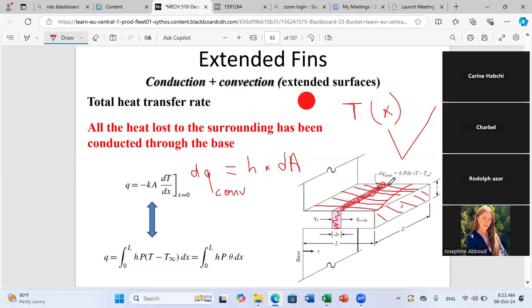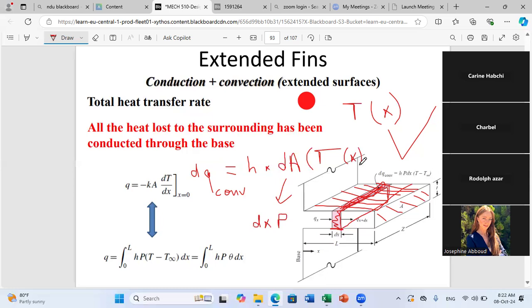Of course, it will continue down and like this. So this whole area is the small thickness times the perimeter of my fin. So I can replace dA by the small thickness dx times the perimeter of my fin, times, of course, T(x) minus T infinity.